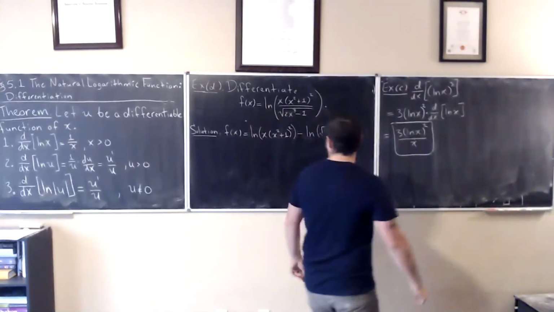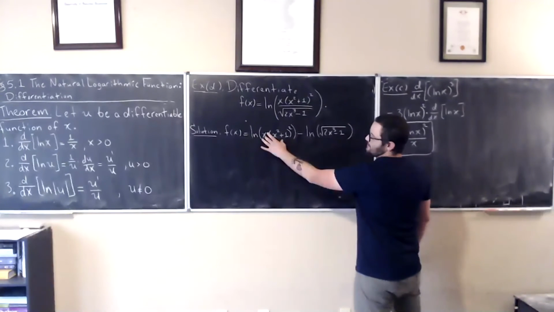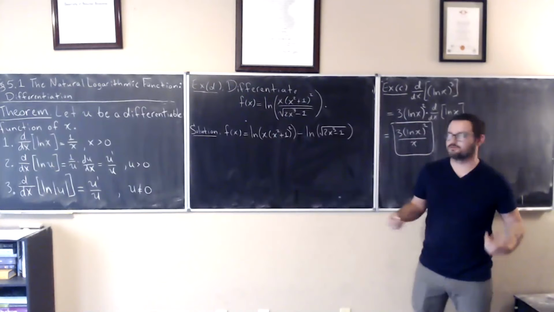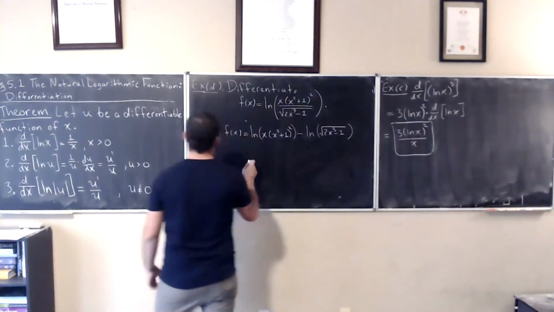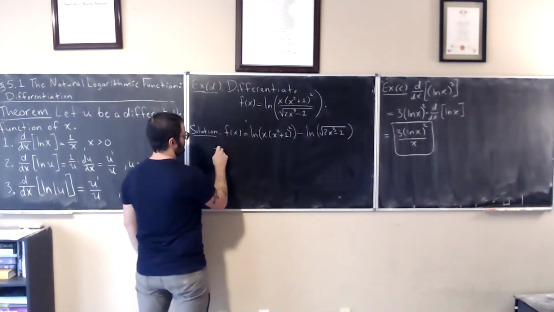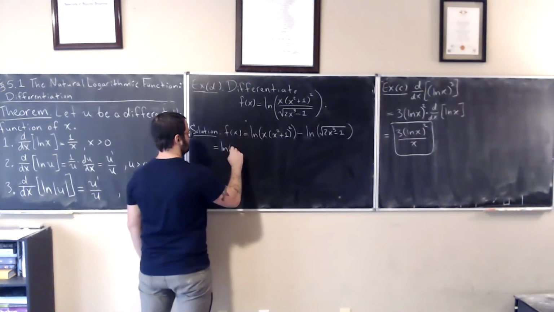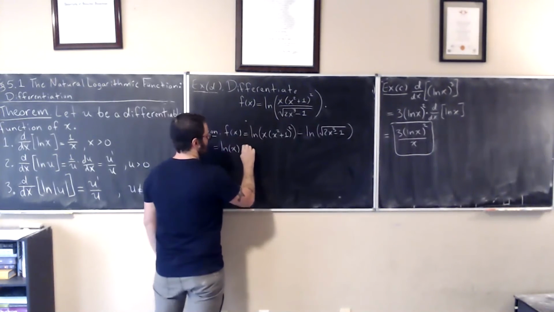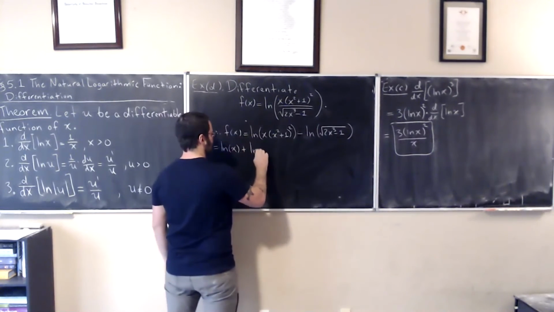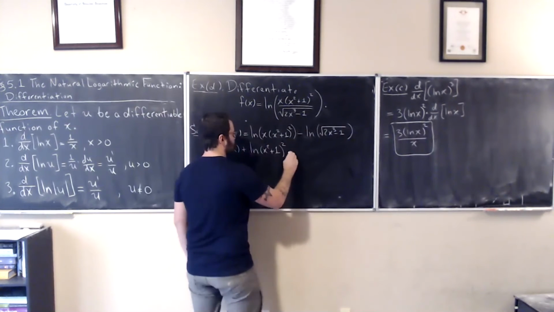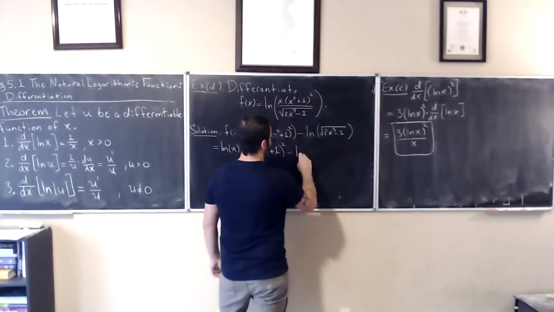Now also, I see I have a product here. So the natural log of a product becomes the sum of the natural logs. So it's going to be equal to natural log of x plus natural log of x squared plus 1 all squared, minus natural log.